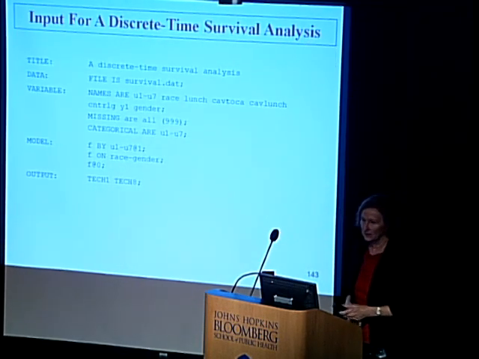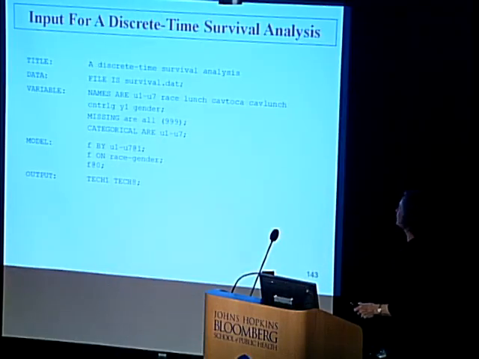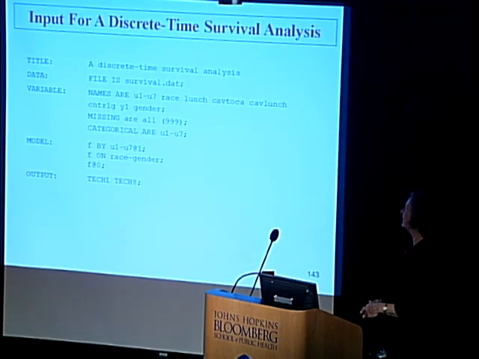Okay. So let's take a look at how we would set this up in Mplus to estimate a discrete time survival model. You can see here we have U1 through U7. These are the event indicators, and the event is school removal. So we have 7 event indicators, and we have several covariates. Race, lunch, CAV TOCA, which is the average class TOCA score.